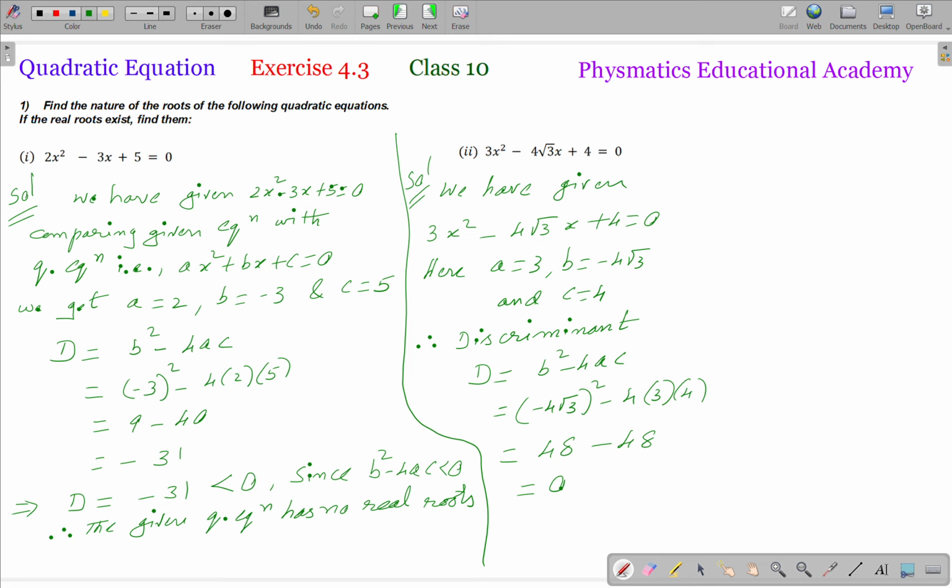The given quadratic equation has two equal roots.